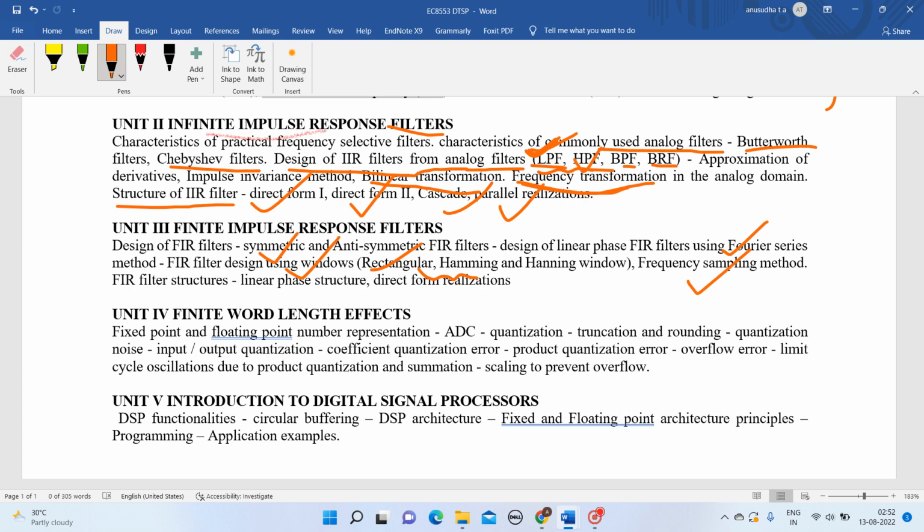We just have to understand the procedure and equations, and as I said before, you have to maintain one small notebook. In that notebook, note all the equations and procedures before writing the exam.